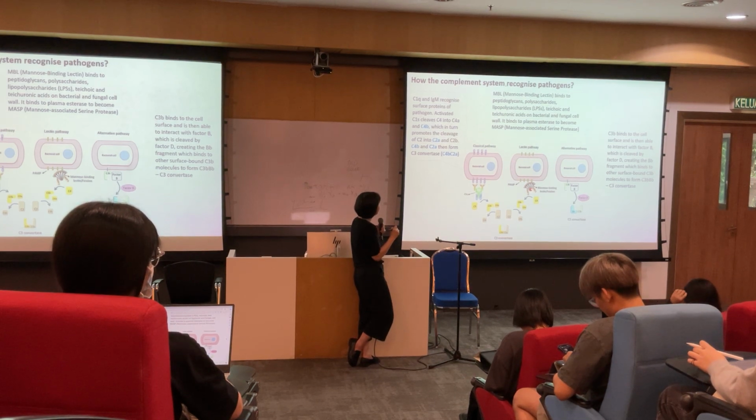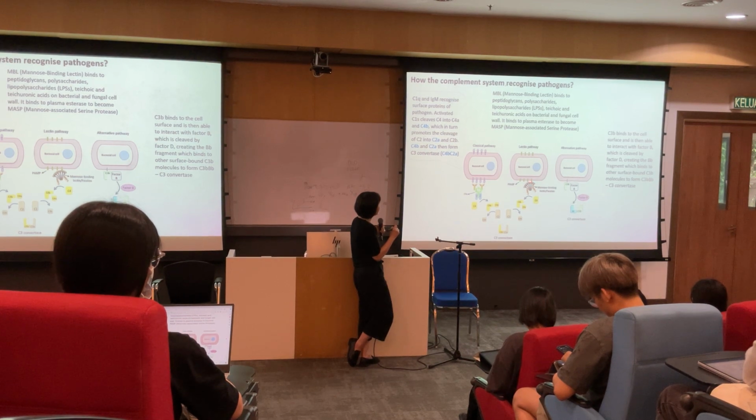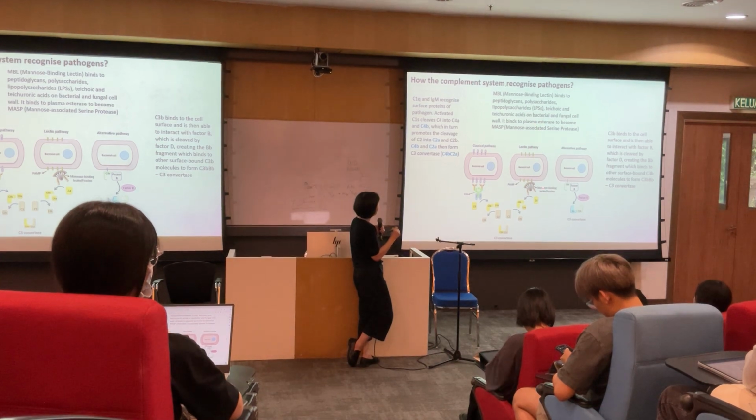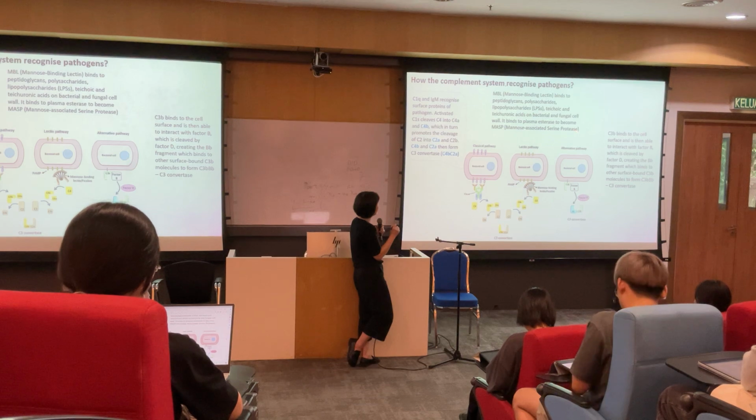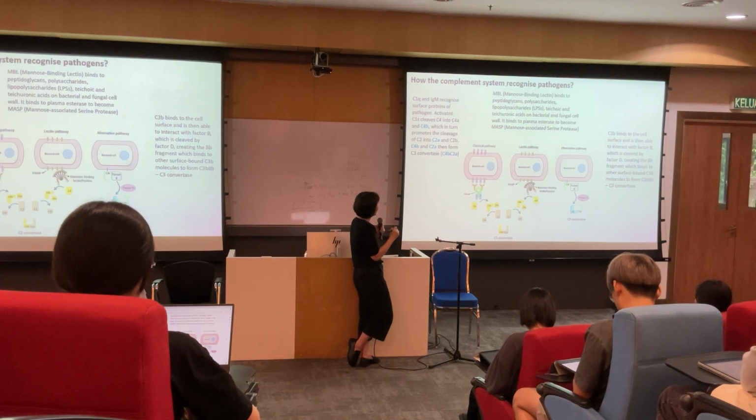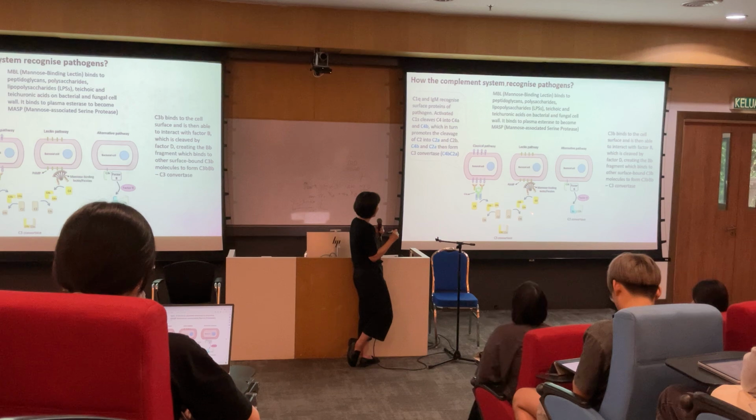Now it binds to it, and when it binds, it starts to react with the esterase in the plasma, and it becomes the so-called mannose associated serine protease, MASP. Once this MASP is activated as a complex, it cleaves C4 into C4b and C4a.